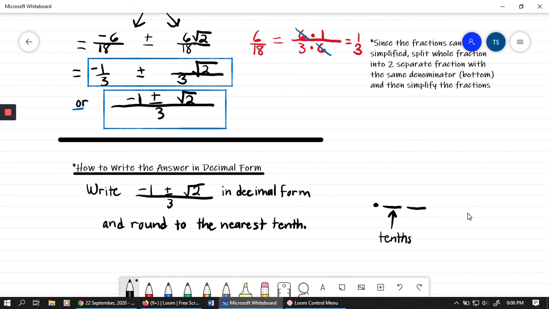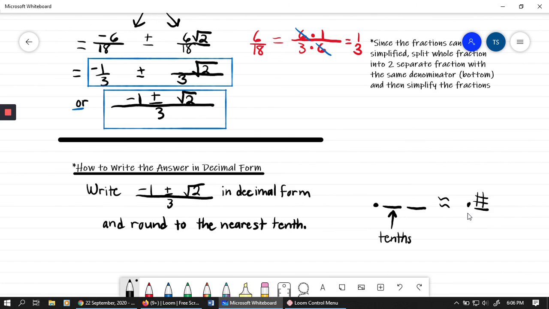So when you round to the nearest tenth, it will wind up looking like point something, just one number written there, where you only have the tenths place written.